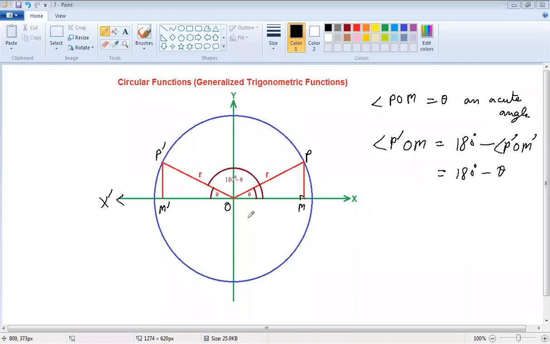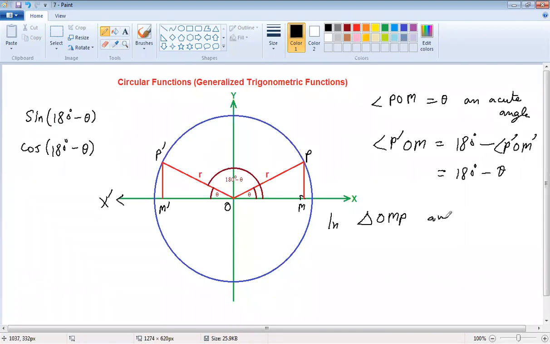I am going to find the value of sine of 180 degree minus theta, cos of 180 degree minus theta, etc. Observe the triangle OMP and the triangle OM dash P dash.